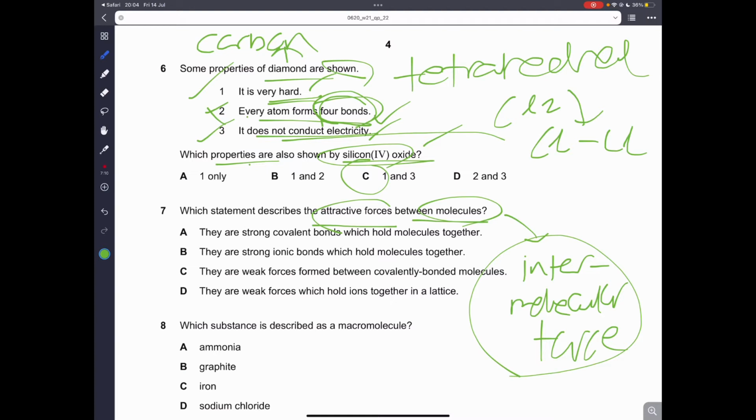So this molecule of chlorine is going to attract with another molecule of chlorine. Now this attraction is very weak. We call this the intermolecular force. So they are weak forces which are formed between covalently bonded molecules. This is correct because only covalently bonded molecules can have this intermolecular force, and therefore C is the correct answer.